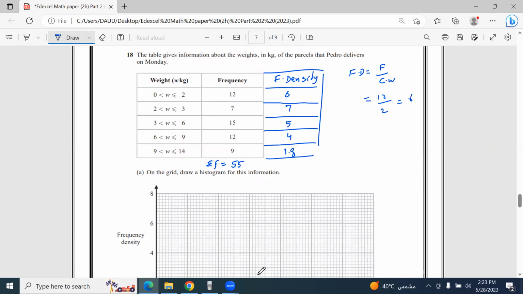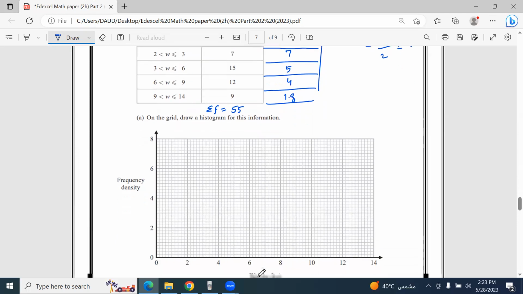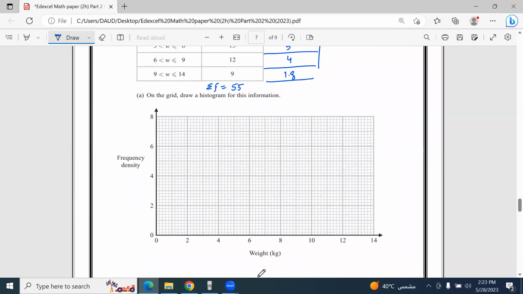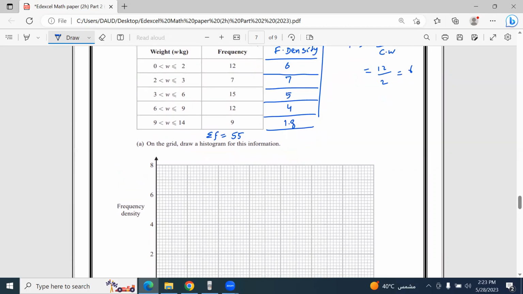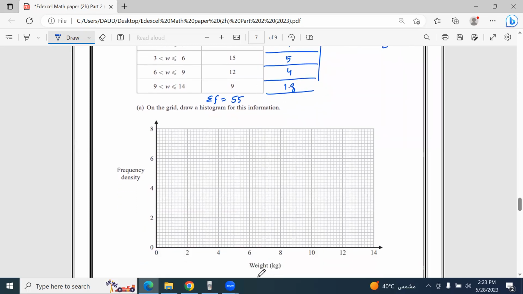On the grid, draw a histogram, means we have to show rectangular shapes, strips like 0 to 2. If we check carefully, the first one, 0 to 2, we have 6 frequency density. So here 0 to 2 we have 6, can show like that.